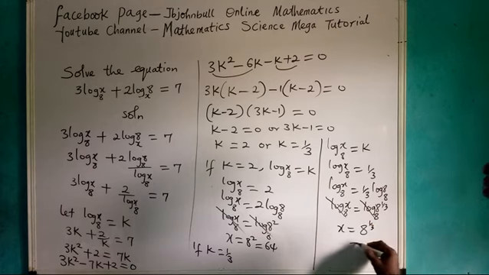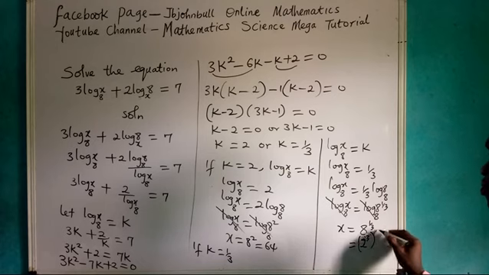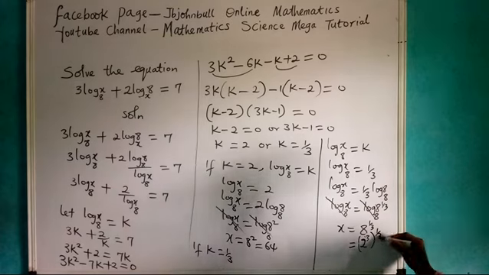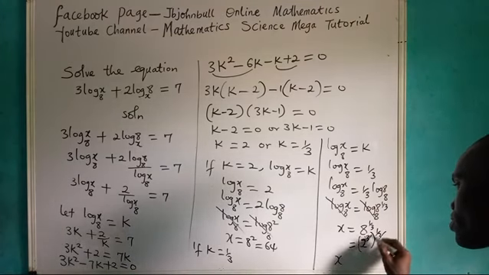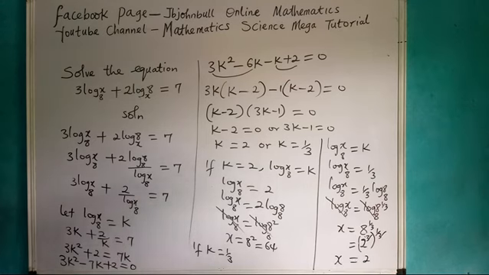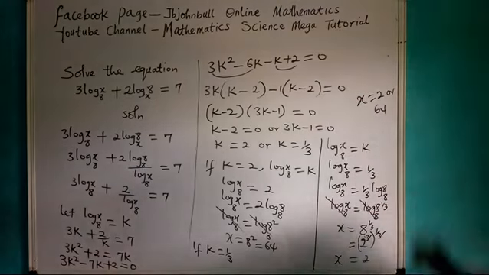When we reduce it, we are going to have 2 power 3, with 1 over 3 as a power outside. Therefore, we can eliminate under the power law, and you are going to have x equal to 2. Therefore, the values for x are simply 2 or 64.